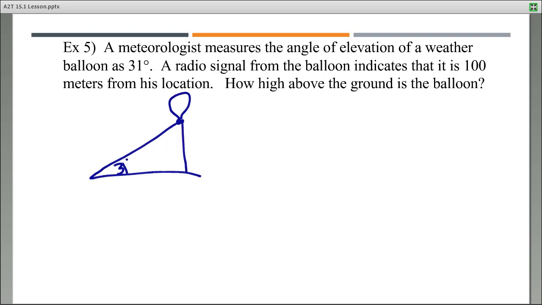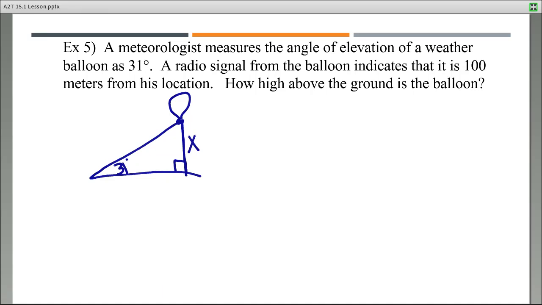Now this one's a little bit tricky. You're not going to like this, but this is how it goes. It tells us that the radio signal from the balloon indicates that it is 100 meters from his location. How high above the ground is the balloon? That means the height of the balloon is there.